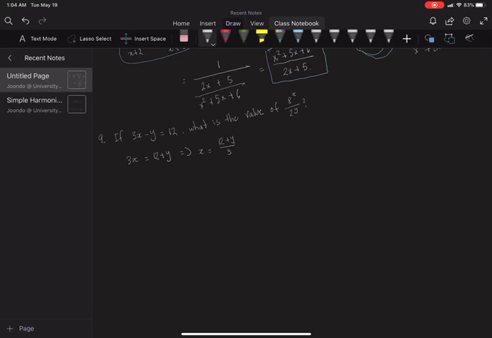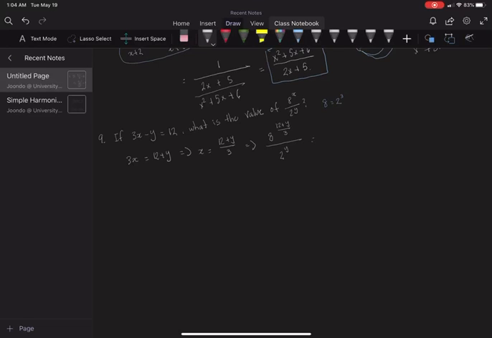Okay, so let's do that. So we have 8 to the power of (12 plus y) over 3, right, over 2 to the y's power. Now this 8 is equal to what? 2 cubed, right?